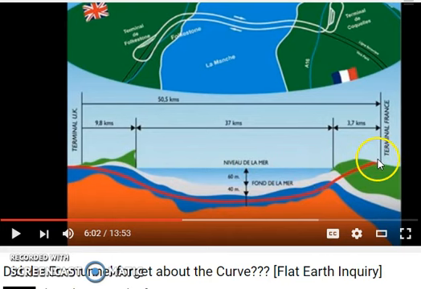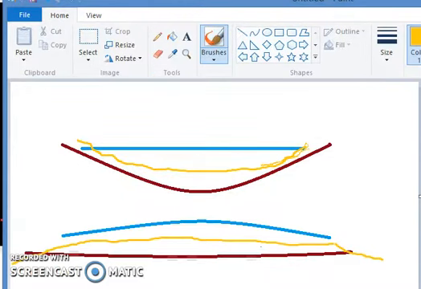And they're showing how much the tunnel comes down and up. Now, of course, if the world was curved, they wouldn't really need to tunnel as deep, would they now? Because there'd be an offset. Now, if you can't get your head around that, I did a little diagram. It's not the greatest diagram, but it's good enough for what we want here.